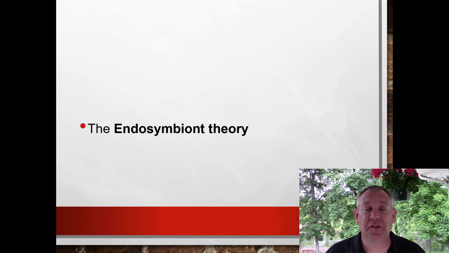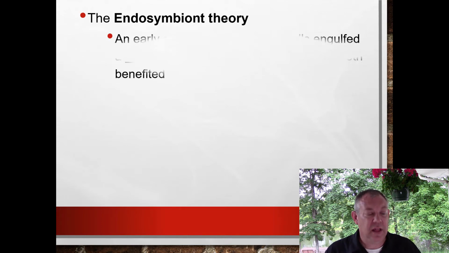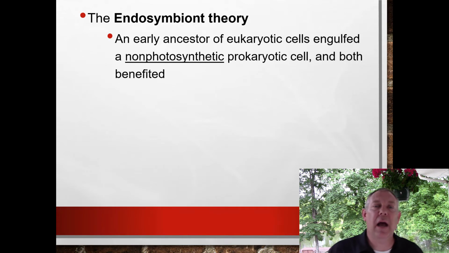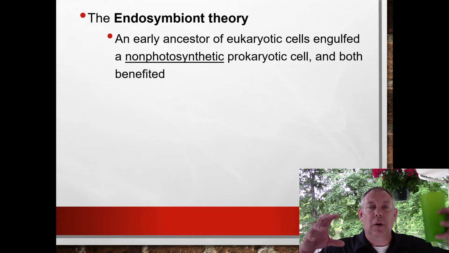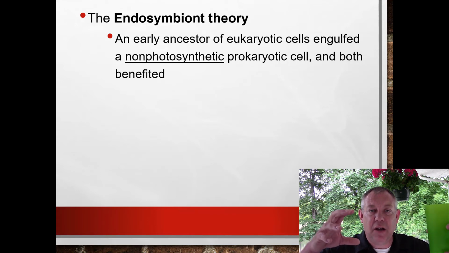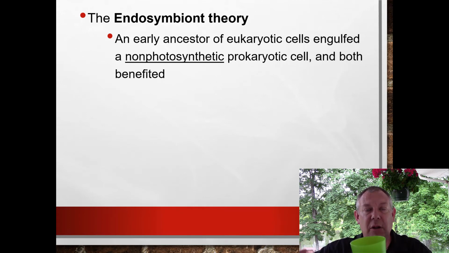Symbiont or symbiosis means two organisms that interact in close proximity. And so the idea is that an early ancestor of eukaryotic cells engulfed a prokaryotic cell. And that prokaryotic cell was a non-photosynthetic prokaryotic cell, but when this early ancestor of eukaryotic cells engulfed that bacterial cell, that prokaryotic cell, they both benefited.